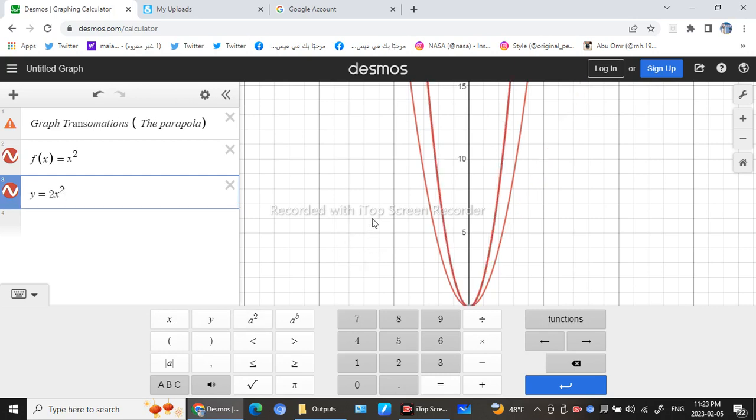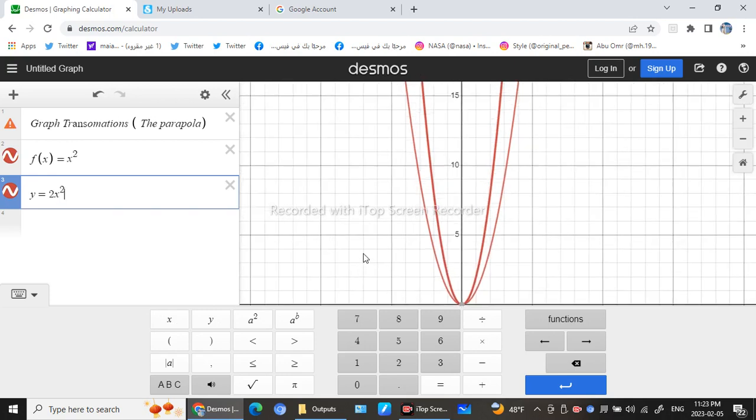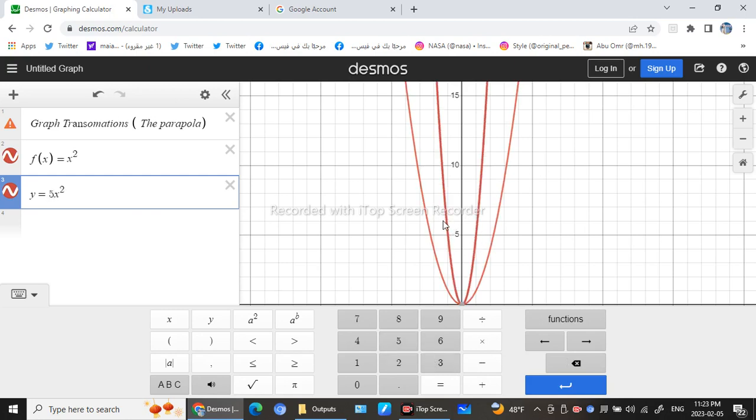We say here that the curve is stretched inward. If I increase the constant, the stretching increases. Replacing by 5, it is stretched inward.